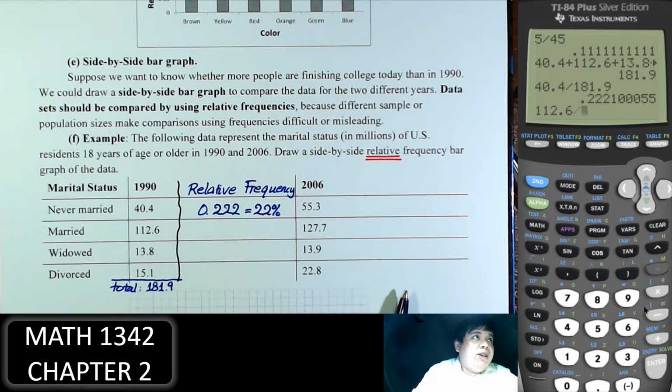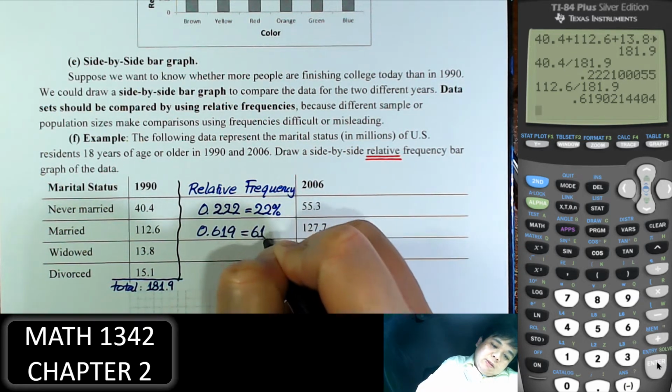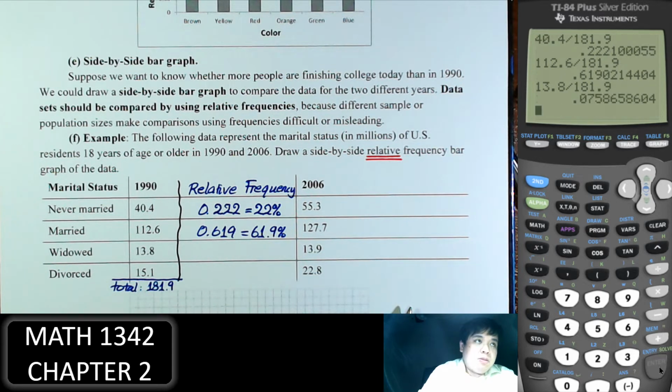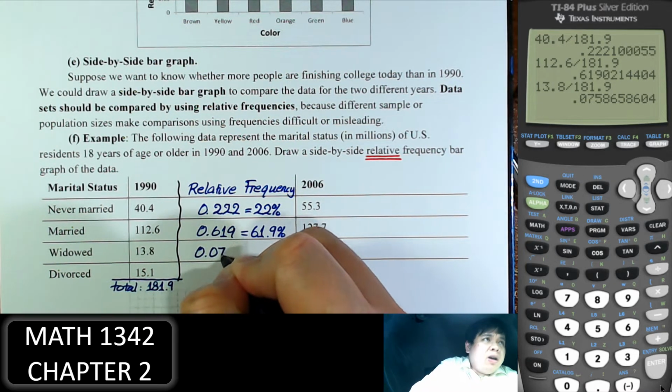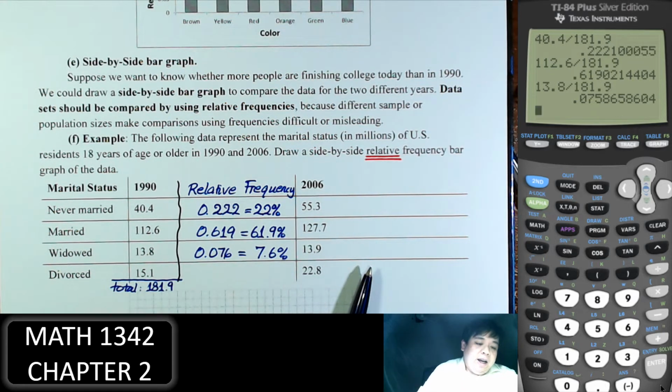112.6 divided by 181.9, 0.619. 13.8 divided by 181.9, 0.07576, about 7.6%, and then divorced, 15.1 divided by 181.9.